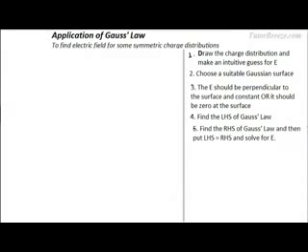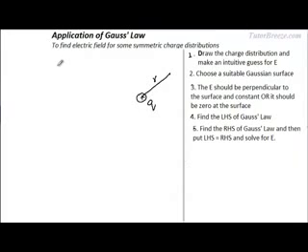Okay, now I want you to find the electric field due to a point charge. Let's take this as a point charge Q and at a distance R from it. This is from the center of the charge and this distance is R. And I want you to do this on your own and you'll follow these steps one by one.